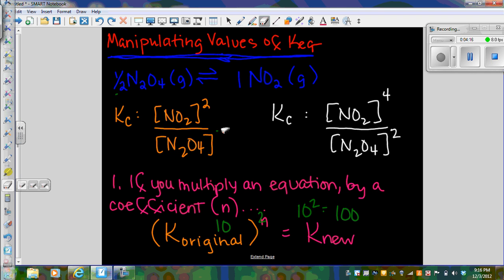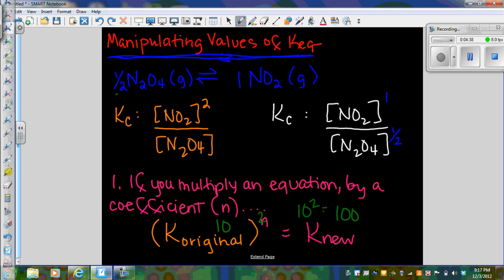So what we're doing in this case is not multiplying, we're dividing. Instead of NO2 being raised to the 2nd power, it's going to be raised to the 1st, and this is going to be raised to the 1/2.